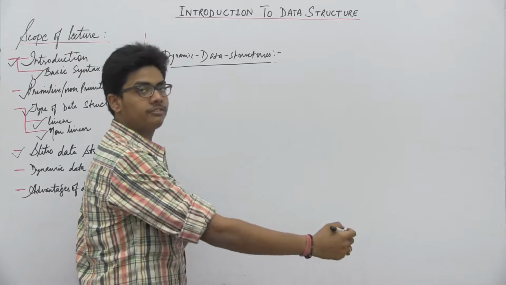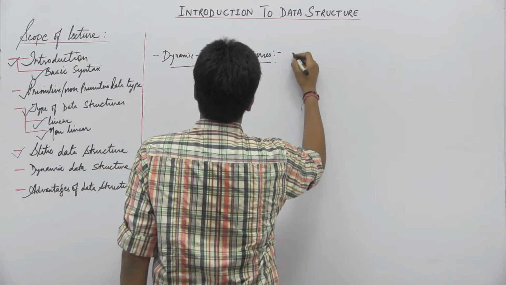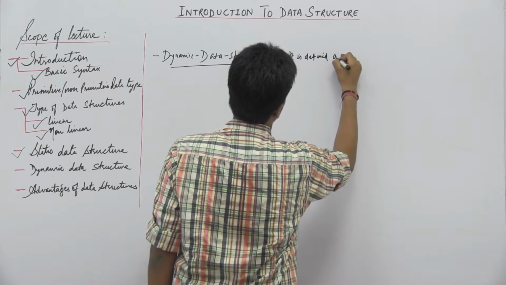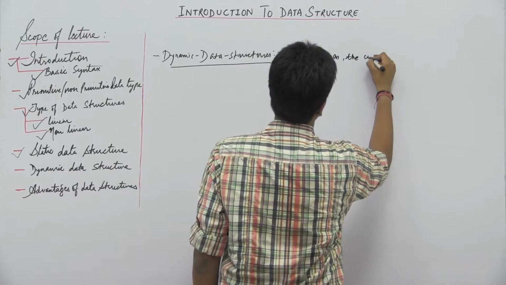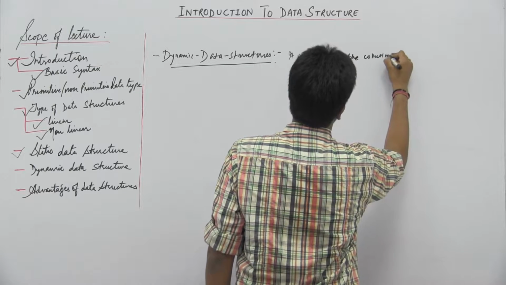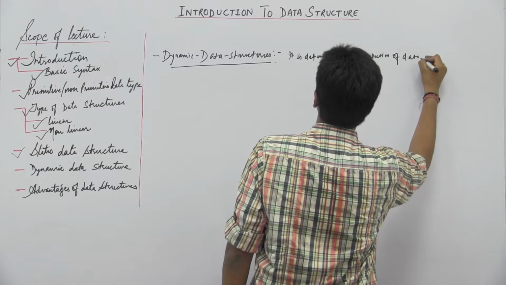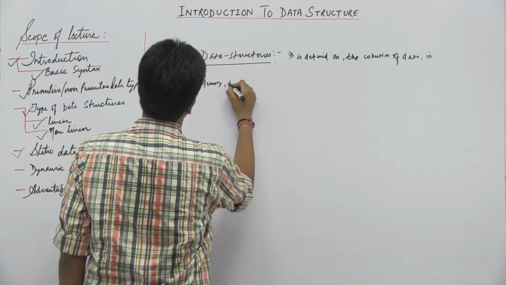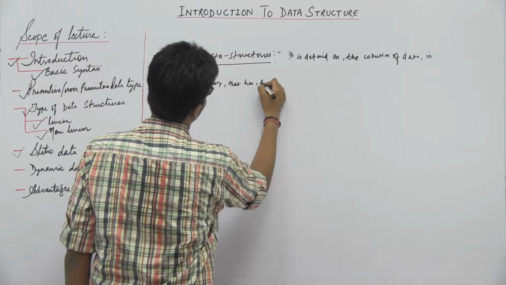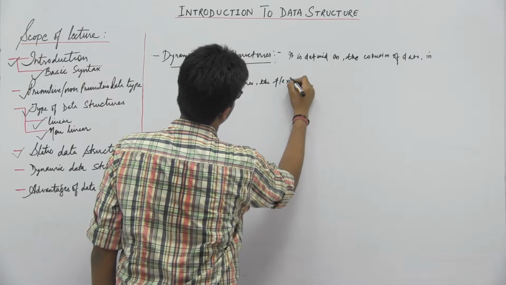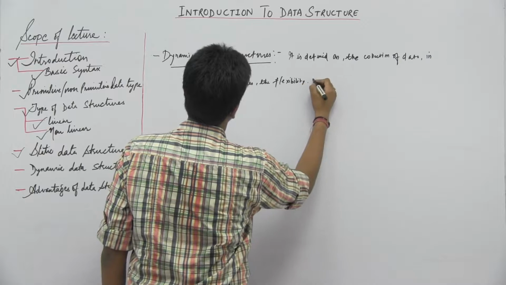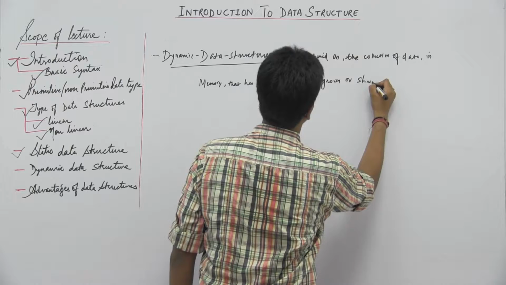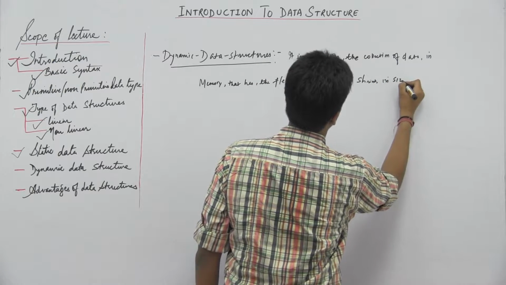First, what is the definition of a dynamic data structure? A dynamic data structure is defined as a collection of data in memory that has the flexibility to grow or shrink in size.